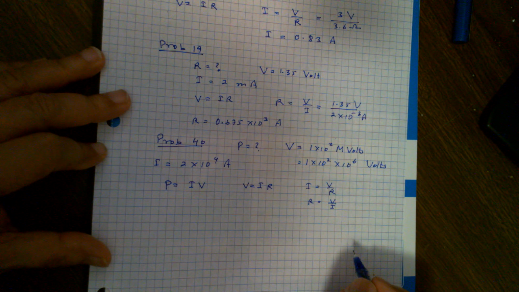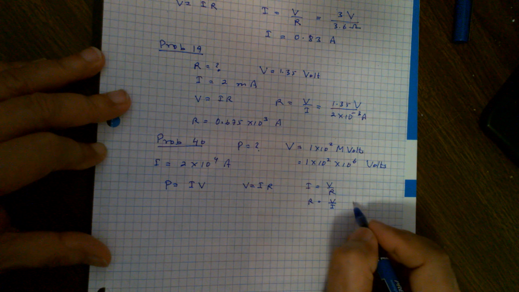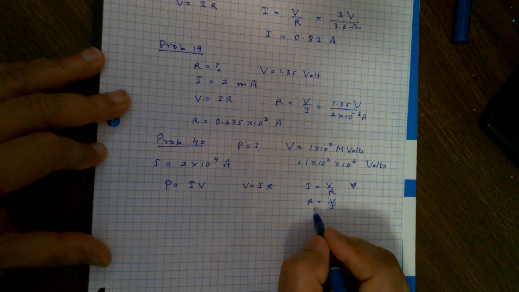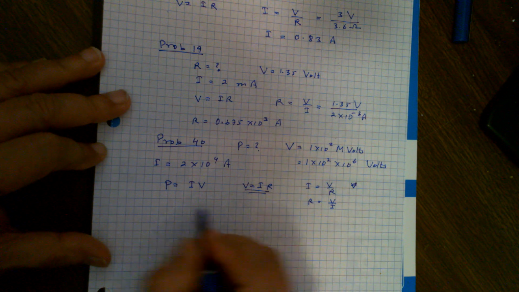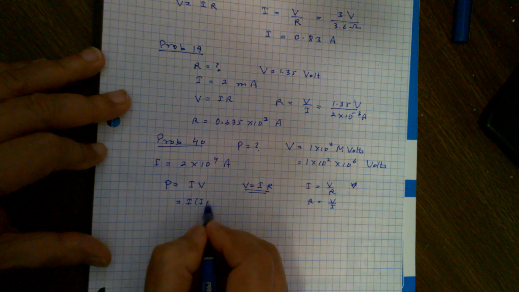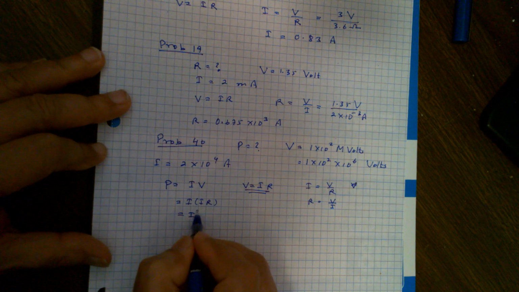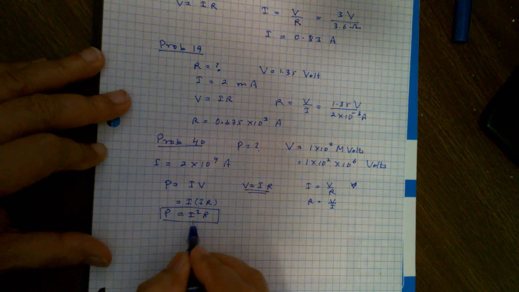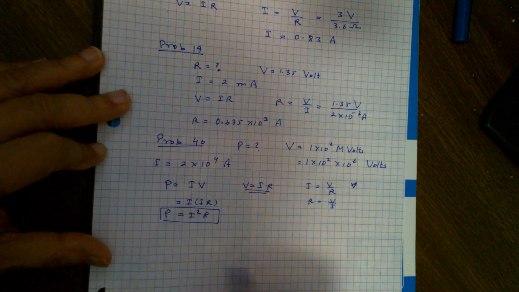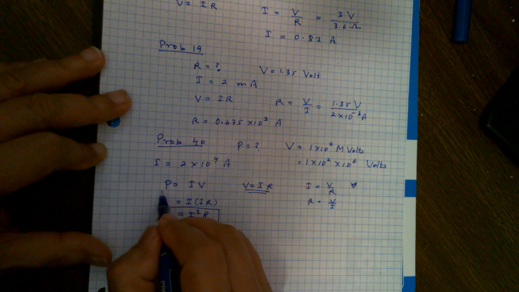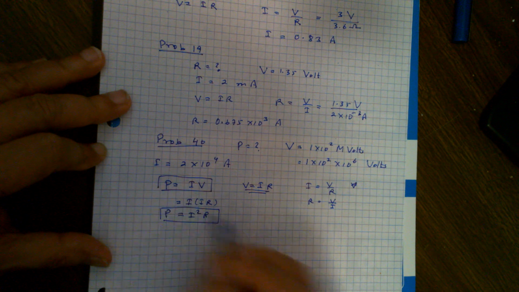Or V is equal to IR, and then I can also use this to get P is equal to I times IR, so I get I squared R. That's P. So I'll use this if I know I and R, right? And if I don't know I and R, like in this problem, I just use P is equal to IV.